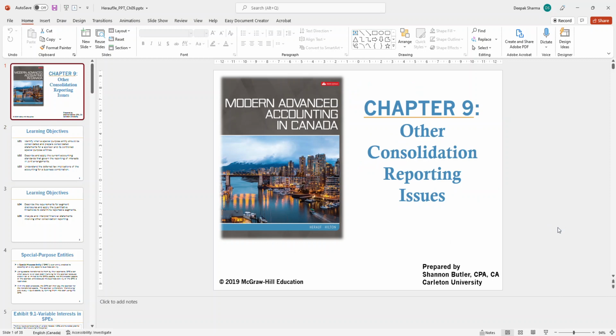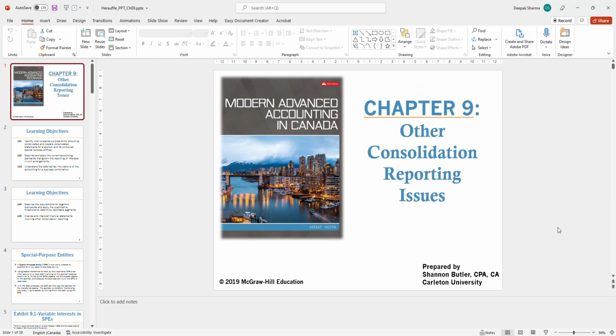If it is a control, then we have to look at the reporting for consolidation purposes. We looked at how the consolidation works at the initial stage, and what happened after that. Now when the consolidation happens, what are the reporting issues that the companies could face, and how do we tackle that for reporting purposes.